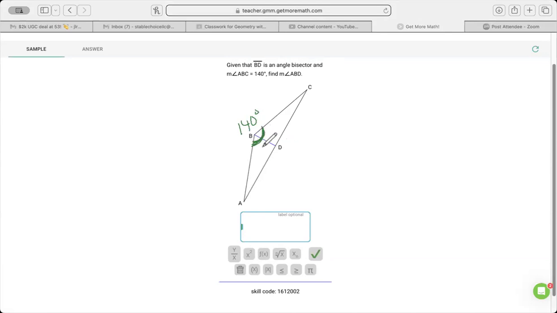It wants ABD, so it just wants half of it. So you're just going to take 140 and divide it in half because that's what a bisector does. 2 equal pieces. So that means that this side's going to be 70 and this side's going to be 70. So let me type that in. And there's our green.